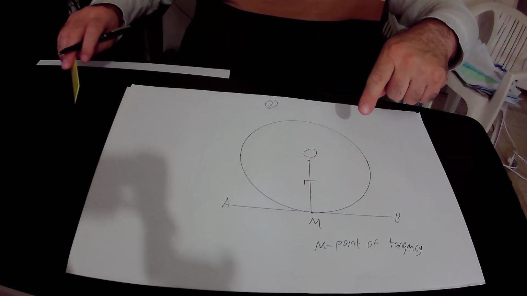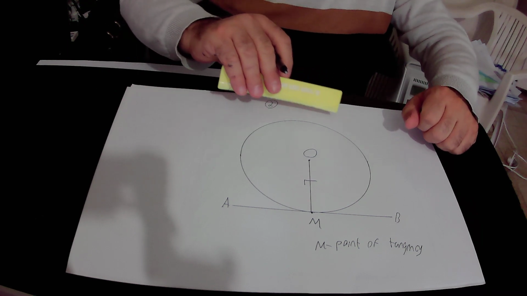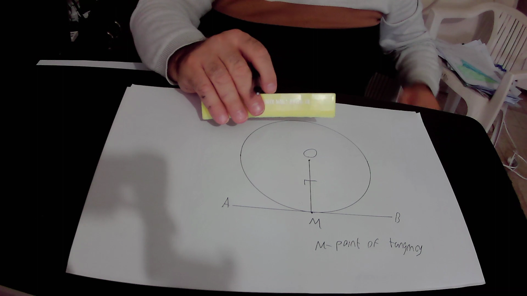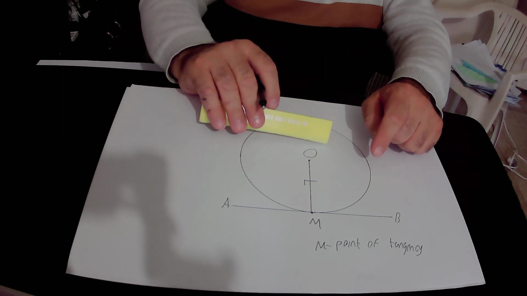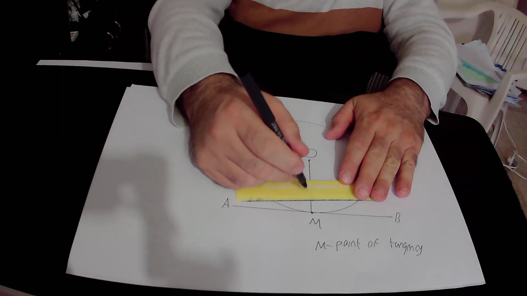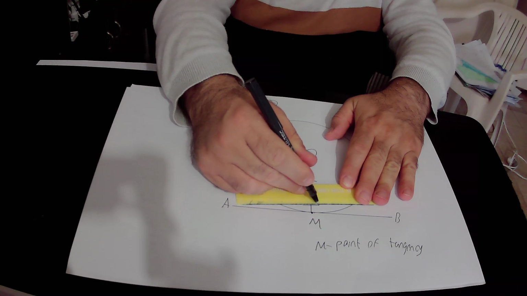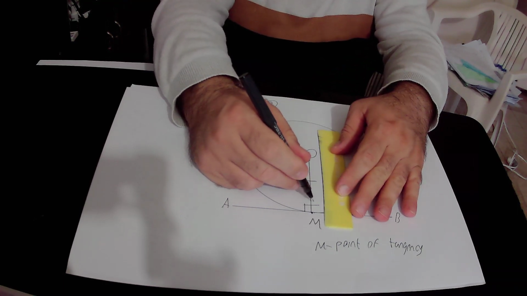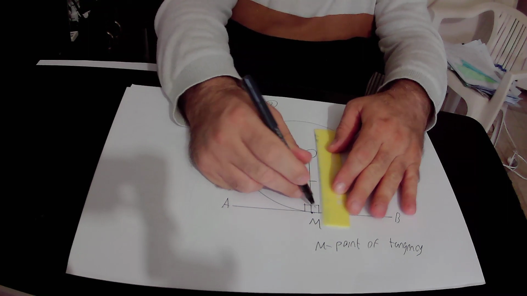That is to say, it is drawn to point M, that is the point of tangency. Therefore, according to rule number 1, the tangent AB will be perpendicular to this radius. That is to say, this angle will be equal to 90 degrees, and this angle will also be equal to 90 degrees.